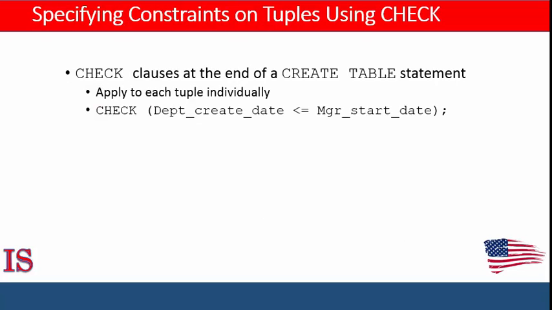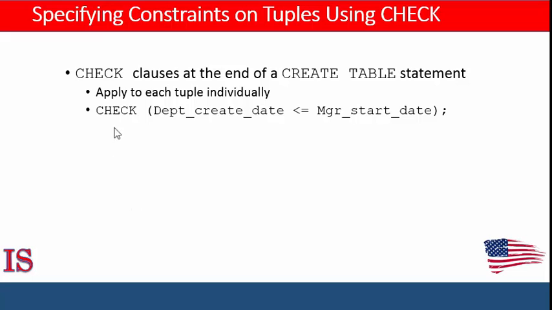In addition to key and referential integrity constraints, which are specified by special keywords, other table constraints can be specified through additional CHECK clauses at the end of the CREATE TABLE statement. These can be called tuple-based constraints because they apply to each tuple individually and are checked whenever a tuple is inserted or modified.